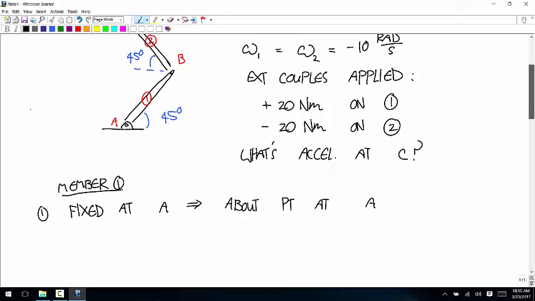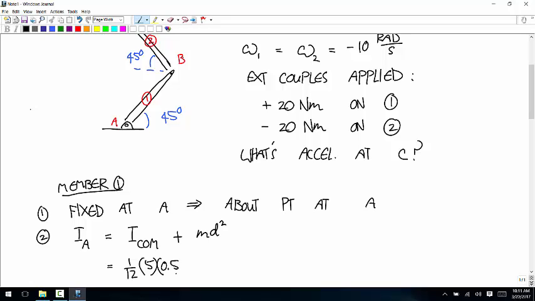The next thing we want to do is calculate the moment of inertia about A, about that fixed point. The moment of inertia about A is equal to the moment of inertia about the center of mass plus md squared. What's the moment of inertia for this? Yep, 1/12 times the mass times the length squared. We don't have a width, so we're assuming it's small enough that we can neglect it.